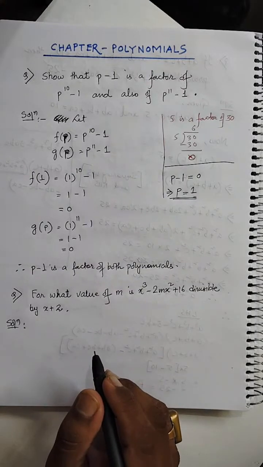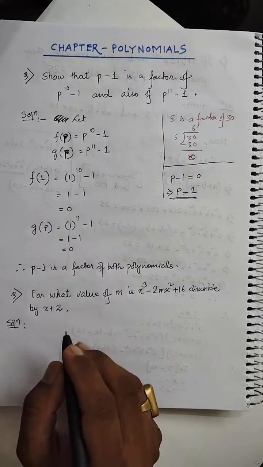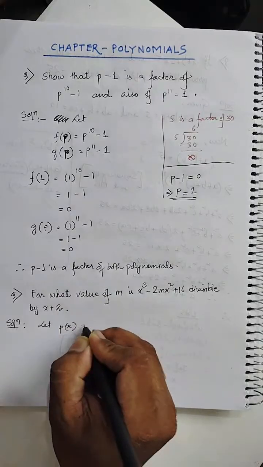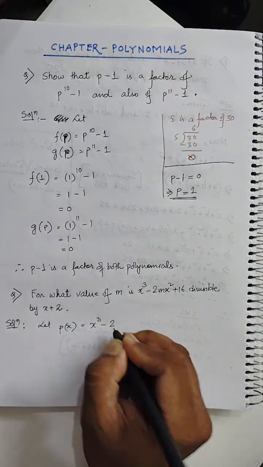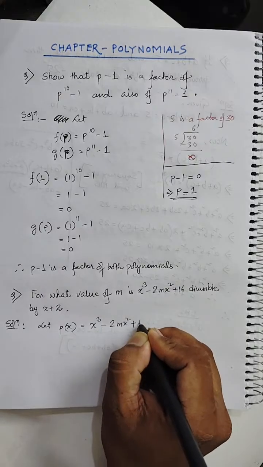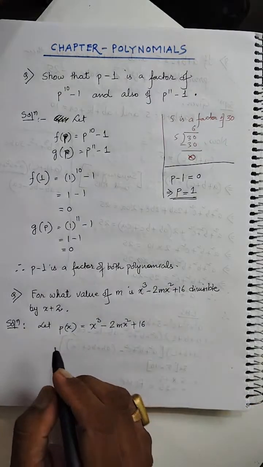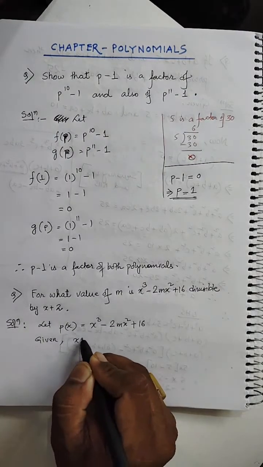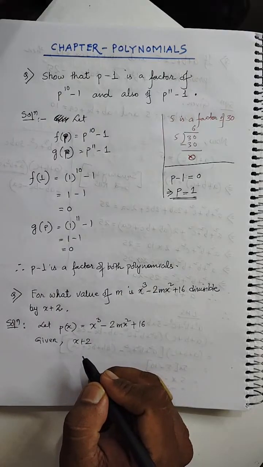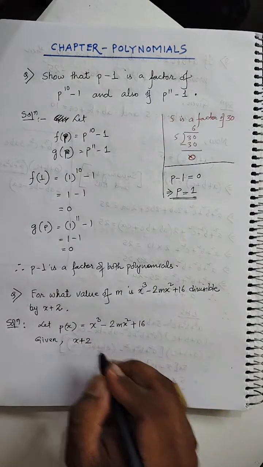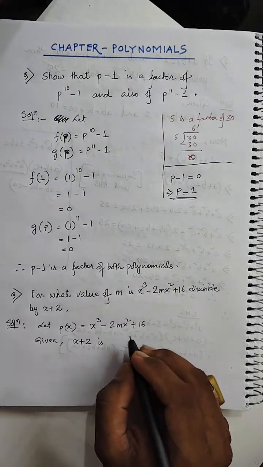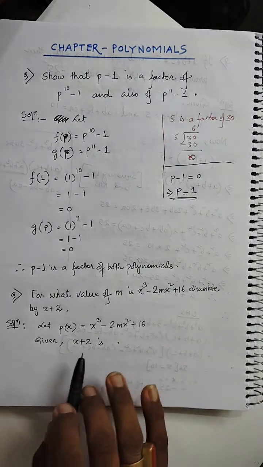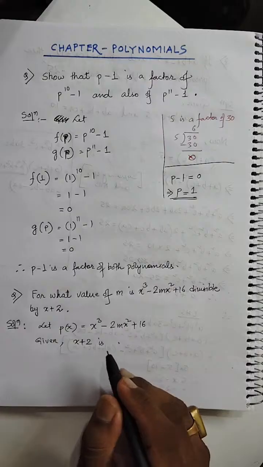So for what value, okay, so let us let p(x) be equal to x cube minus 2mx square plus 16.